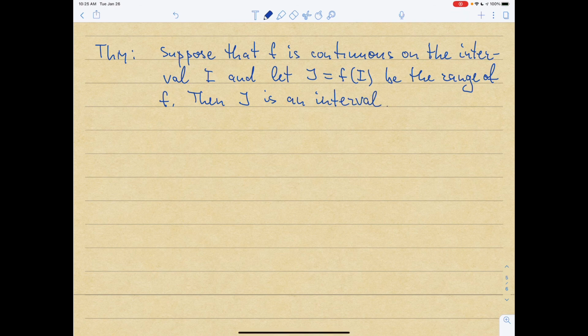Now, what do I mean by this theorem? It can be illustrated using the following picture.